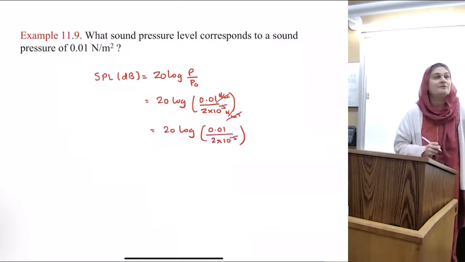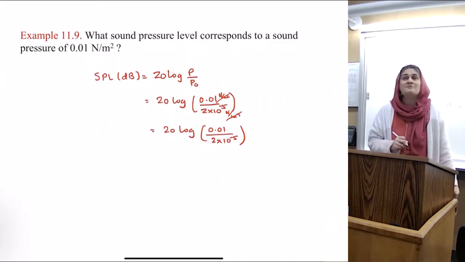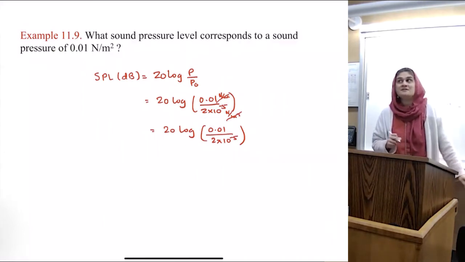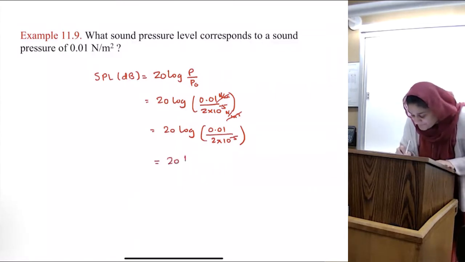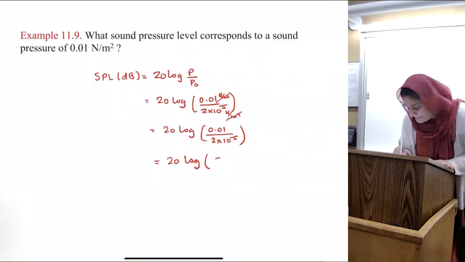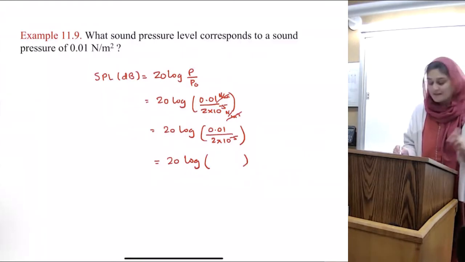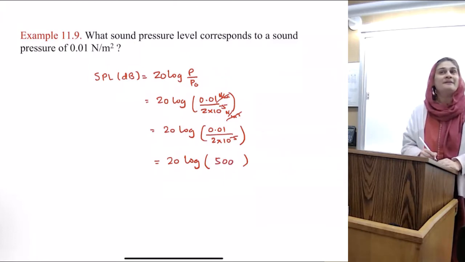So what is the value? 0.01 divided by 2 times 10 to the minus 5 is? 500. Okay. Take the log of 500. Remember, there's 2 buttons.